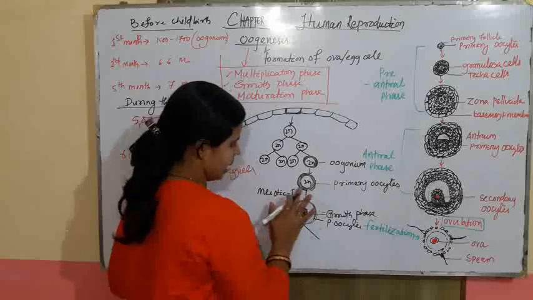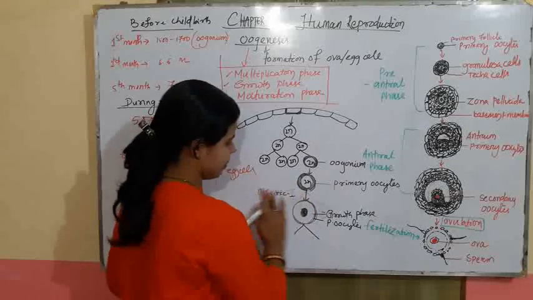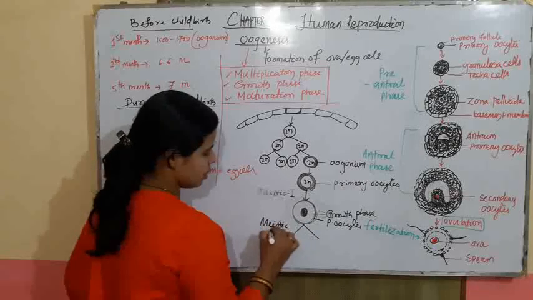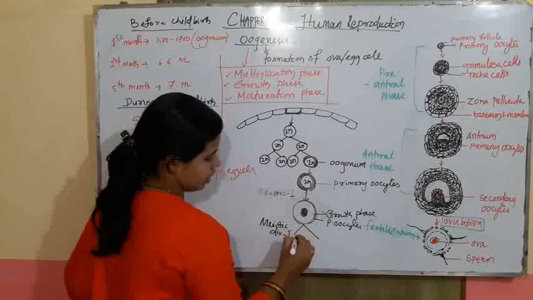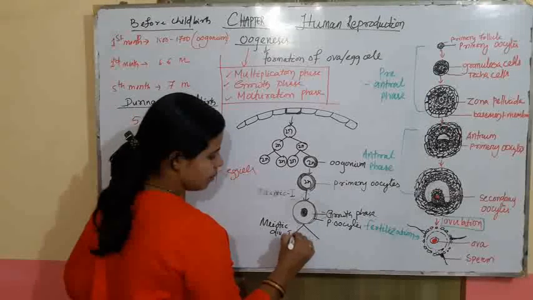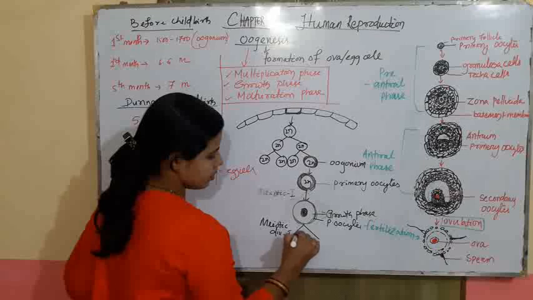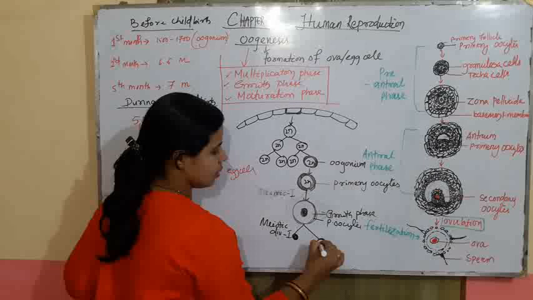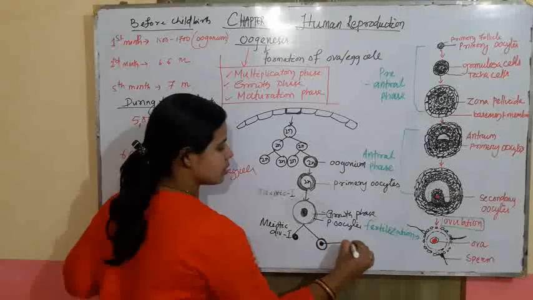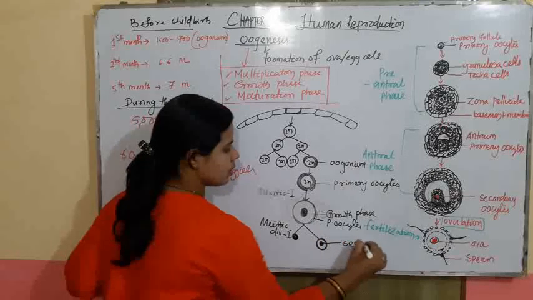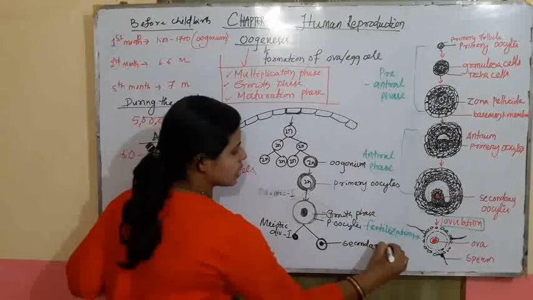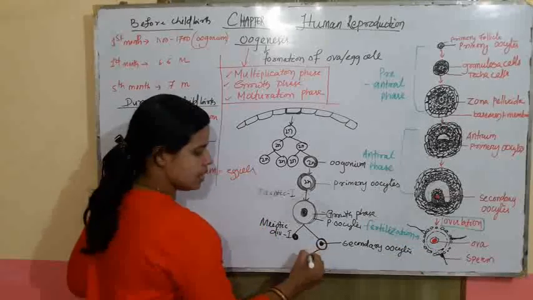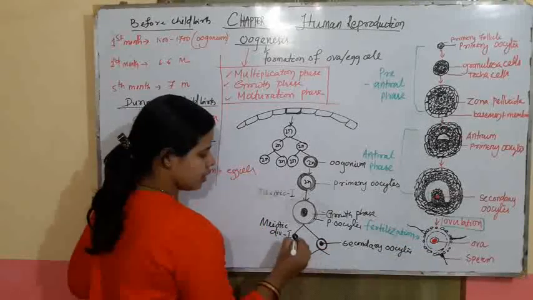When these primary oocytes undergo meiotic division 1, they will form a polar body and a secondary oocyte. This secondary oocyte again forms what?